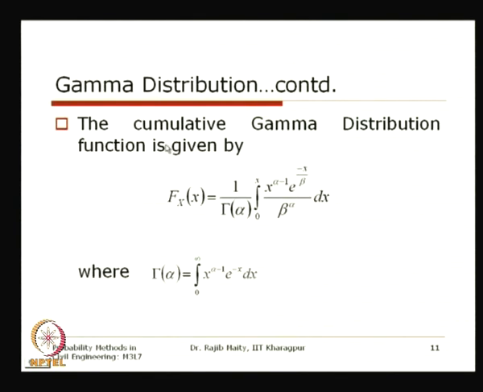Now we will see the cumulative distribution of this gamma distribution function, which is given by the integration from 0 to x, with the normalizing factor taken out, where again the gamma function is equal to the integral from 0 to infinity of x power alpha minus 1 e power minus x dx.